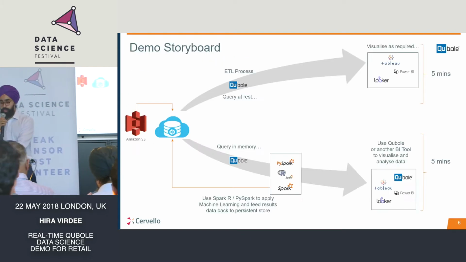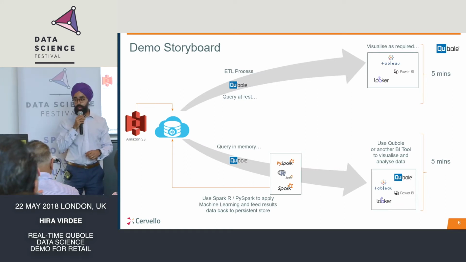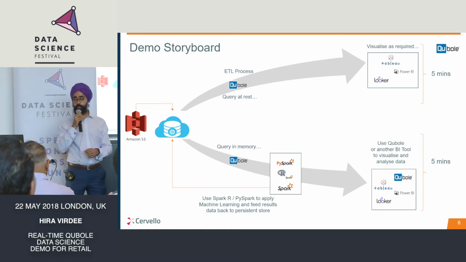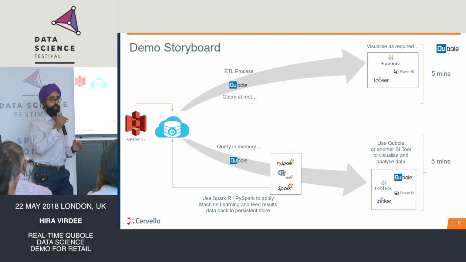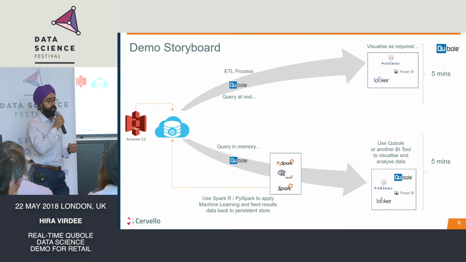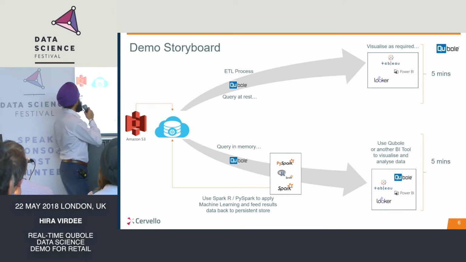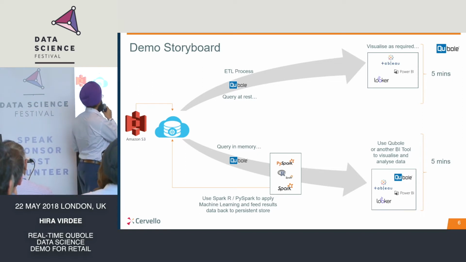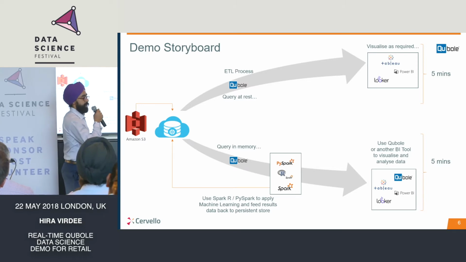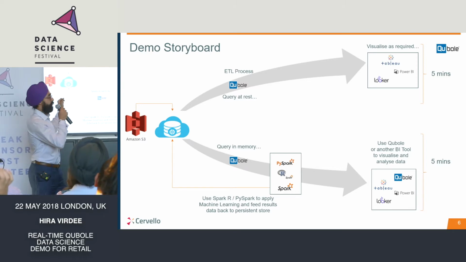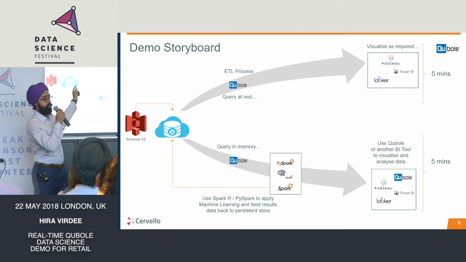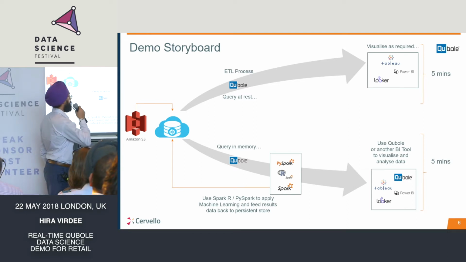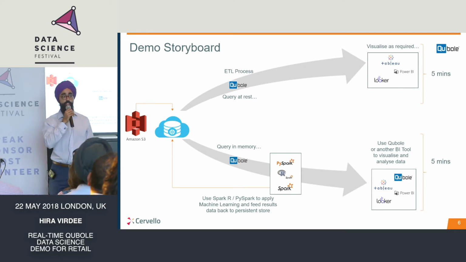So let's go through a quick demo storyboard. As Hitesh mentioned earlier, he gave you a very broad overview of the art of the possible with Qubole. What we've got here is a couple of use cases. So we have our data being landed from S3 into Snowflake. From Snowflake, we have direct querying at rest as an ETL process presented in the traditional BI tools.